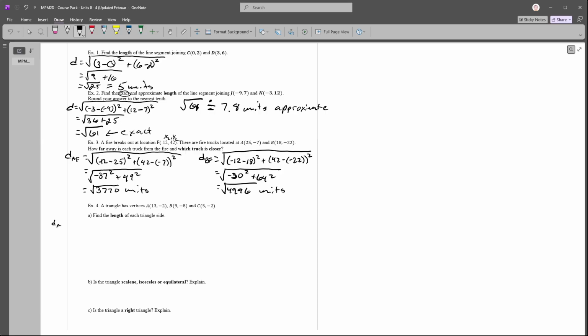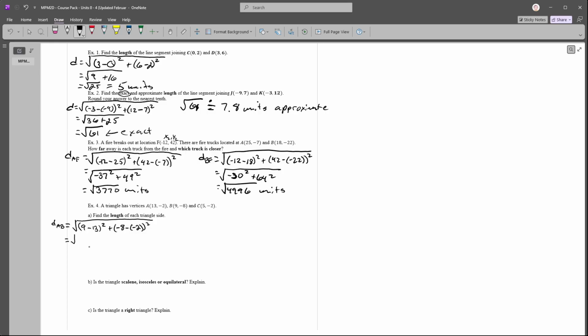So we have the distance of AB. That's going to be the square root of, now we go through the whole thing. So we're going from A to B. So x2, which is 9, minus 13, that's going to be squared, plus our y's, which is -8 minus -2, that whole thing squared. And the next one, we're going to have the square root of 9 minus 13.